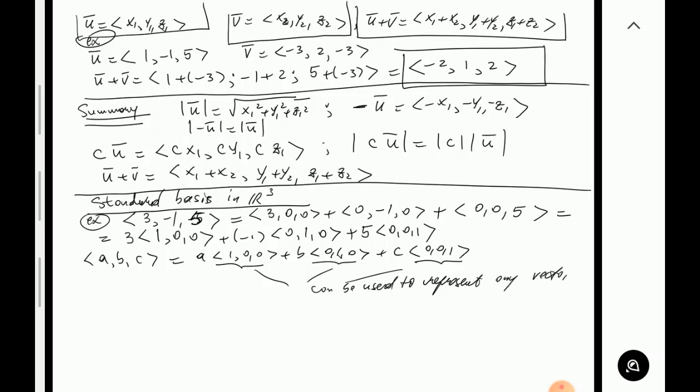And because of that, they form the so-called standard basis. They have a special notation. i denotes 1, 0, 0, j with a bar on the top to indicate that it's a vector, 0, 1, 0, and then k, which is 0, 0, 1.